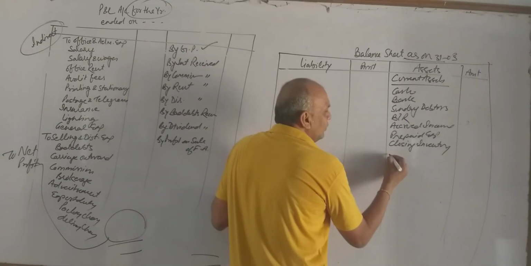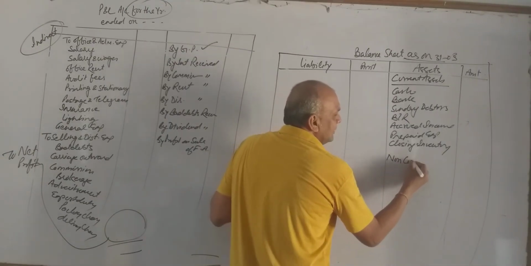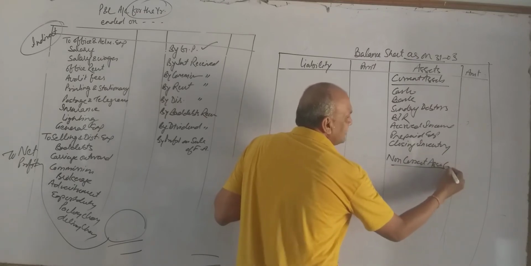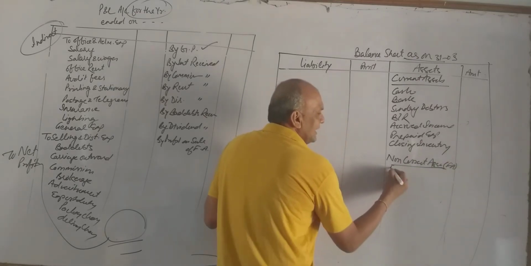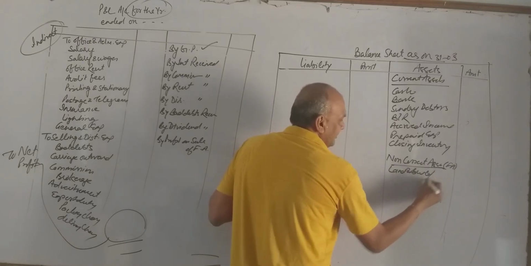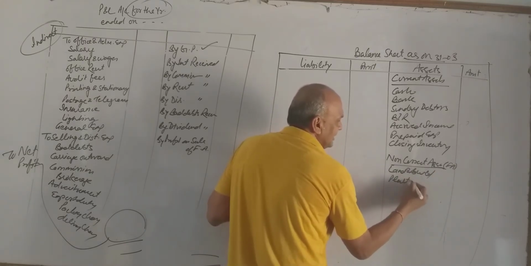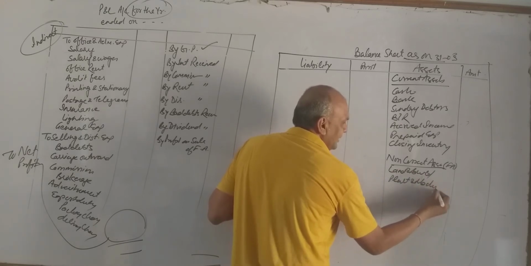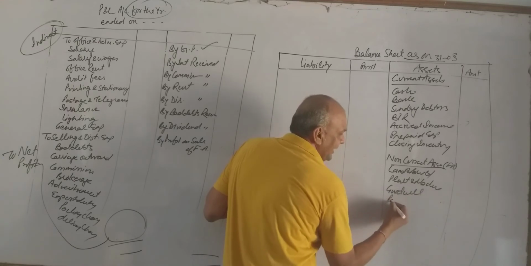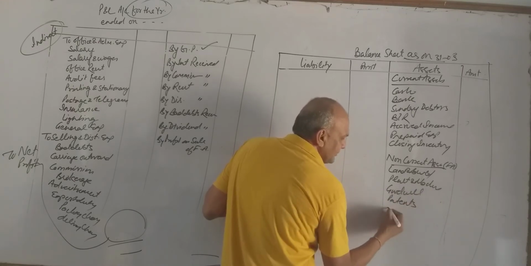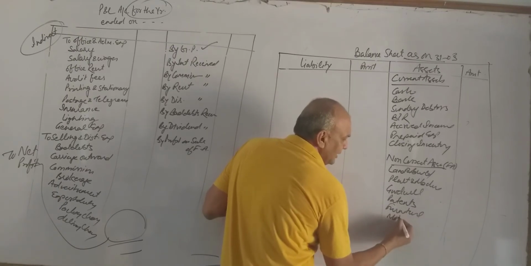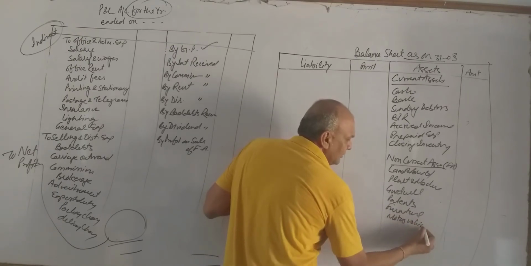Then we will show non-current assets, which are also known as fixed assets. These are land and building, plant and machine, goodwill, patents, furniture, motor vehicle.